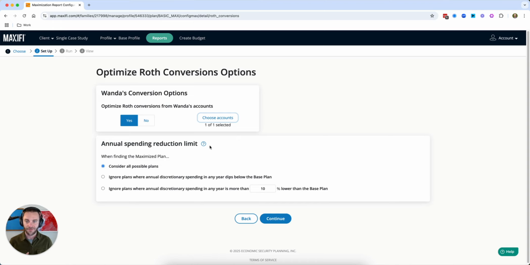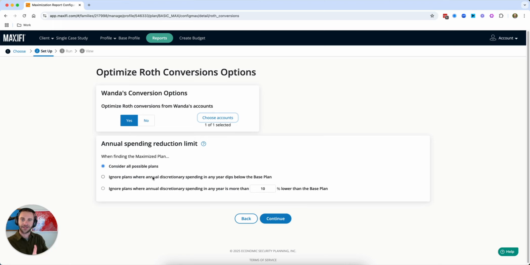Below, you will have a more advanced option, where first we want to consider all possible plans. The other is we could limit the search to plans where the Roth conversions are not reducing your discretionary spending in the near term. Why might that happen? Well, you have to pay the taxes from cash or from your brokerage assets, your non-retirement assets.